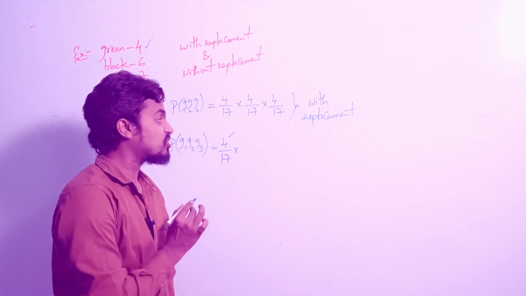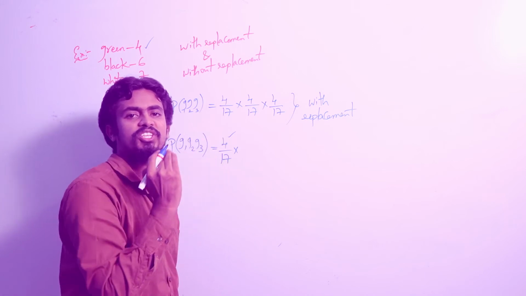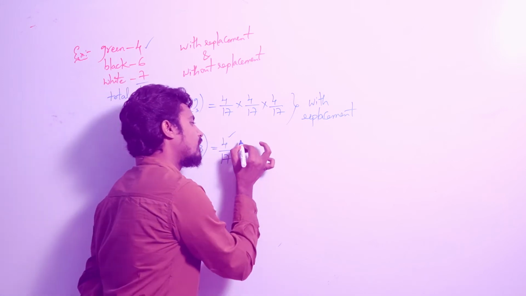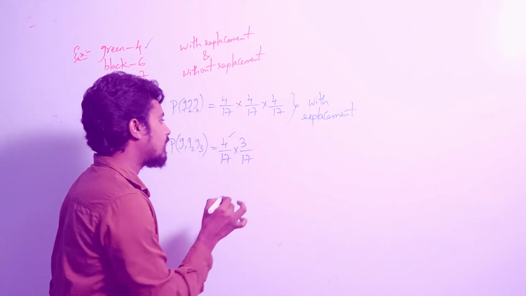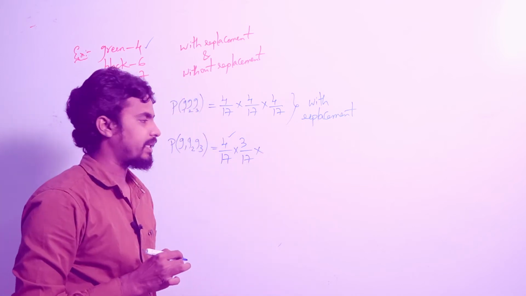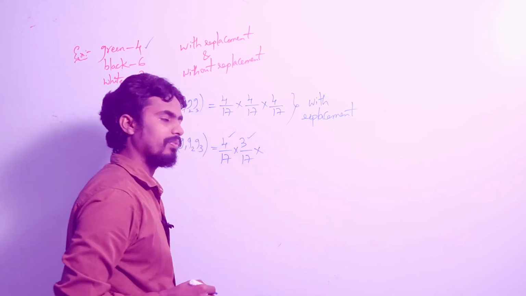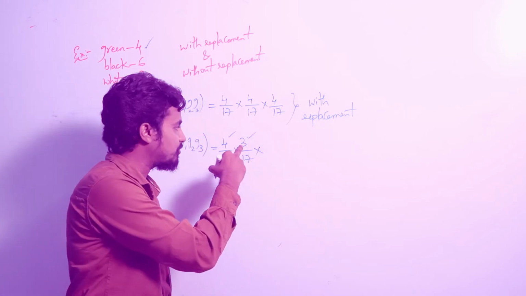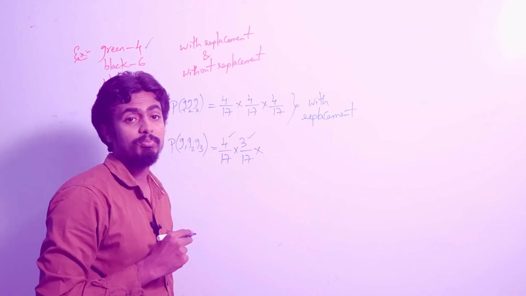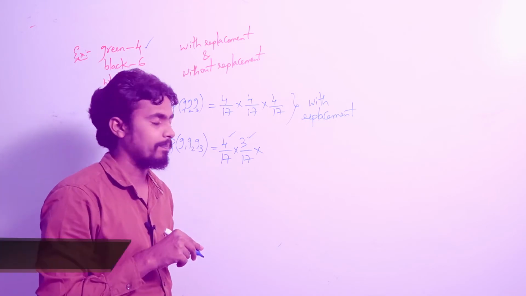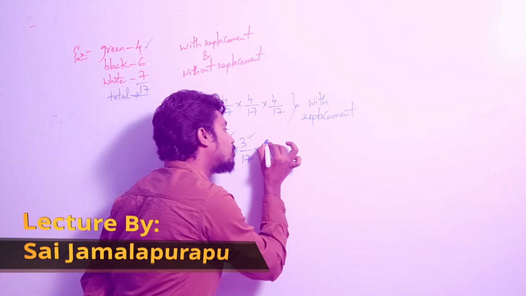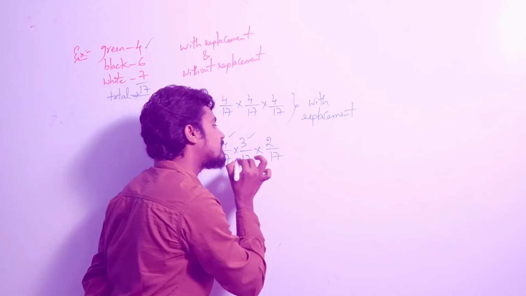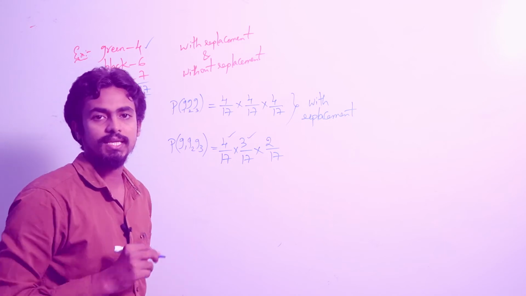Hence 4 will be reduced to 3, so 3 divided by 17. Now we have 3 green balls, and I can't replace it with another green ball. Then 3 will be reduced to 2, so 2 divided by 17. This was the case.